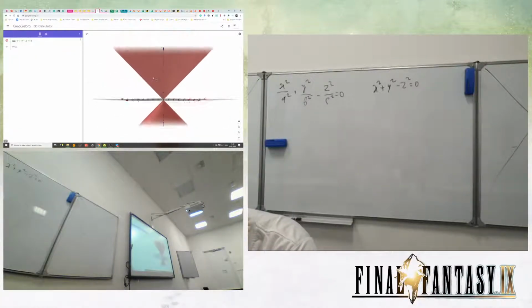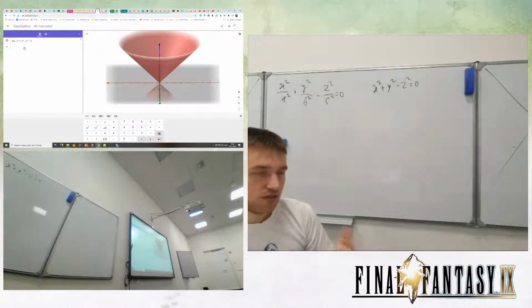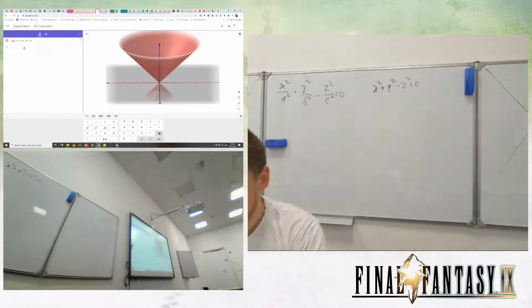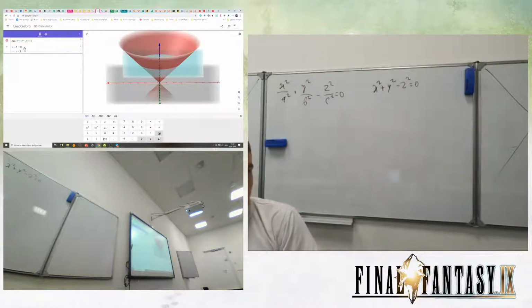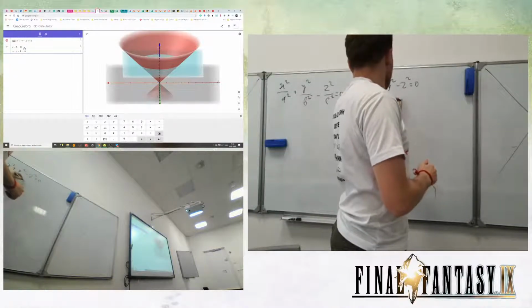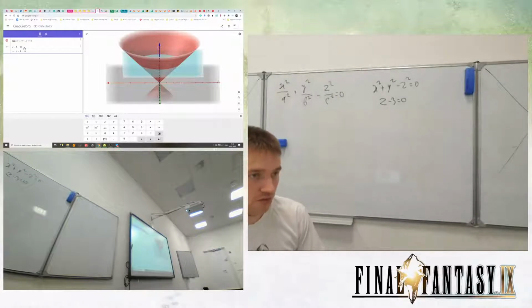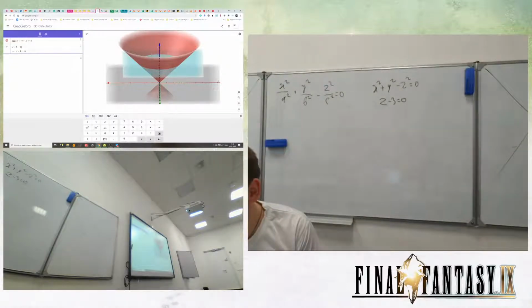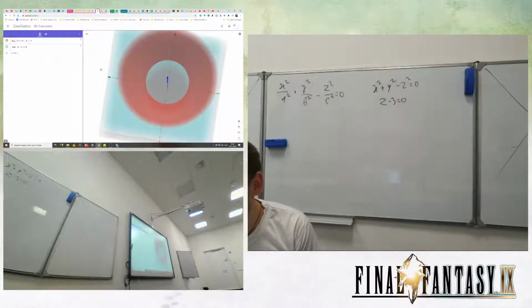And it looks like a cone. So my first assumption: let's make the simplest plane we can, for instance z minus 3 equals 0. Why the easiest one? Because we have only one variable, only z, nothing else. So we should obtain a circle.